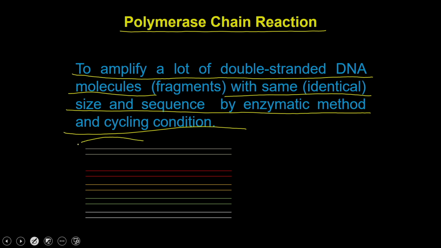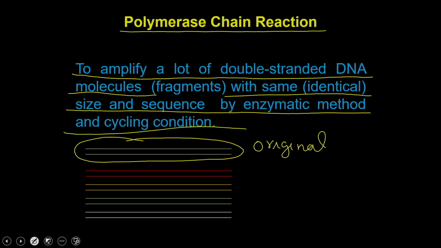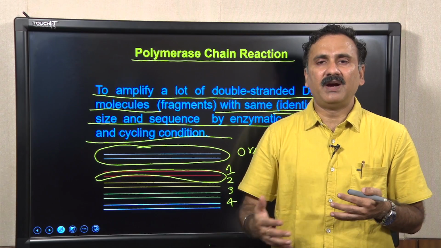What it means is that you have the original DNA, and this original DNA is amplified for multiple cycles, and that is how you get multiple copies, which are identical, which means the sequence of all these fragments is identical to the original sequence, and they are amplified with the help of enzymes.